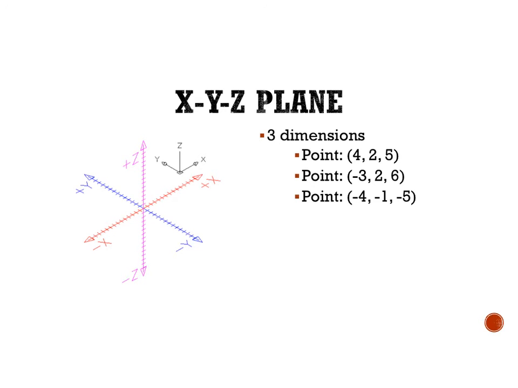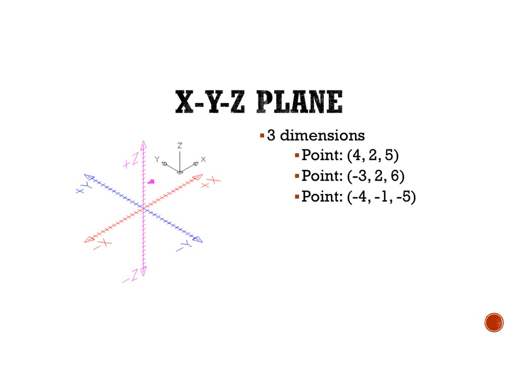So here, if we're going to go to the point (4, 2, 5), we go to 4 on the x-axis: 1, 2, 3, 4. Then we're going to move out 2 on the y-axis. And then we're going to move up to 5 on the z-axis: 1, 2, 3, 4, 5. Now this is a little hard to do on a 2-dimensional piece of paper, but that's the process we go through.